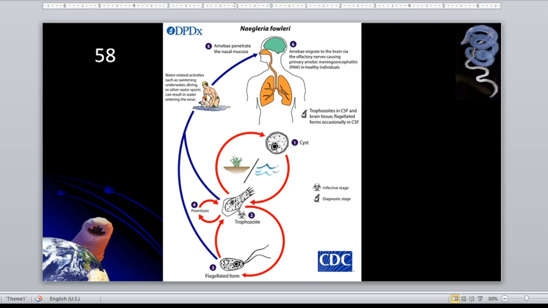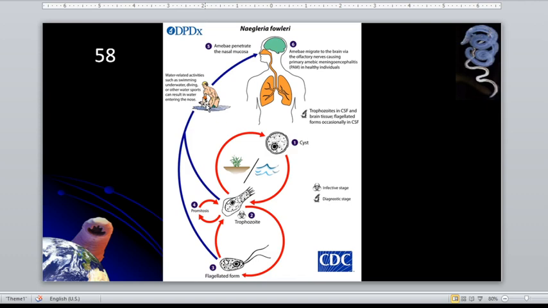The trophozoites can turn into temporary non-feeding flagellated forms, which usually revert back to the trophozoite stage. The trophozoites infect humans or animals by penetrating the nasal mucosa, usually during swimming or sinus irrigation. Water-related activities such as swimming, underwater diving, or other water sports can result in water entering the nose.